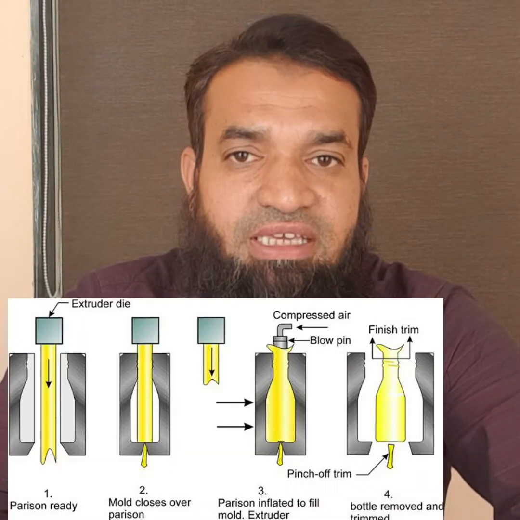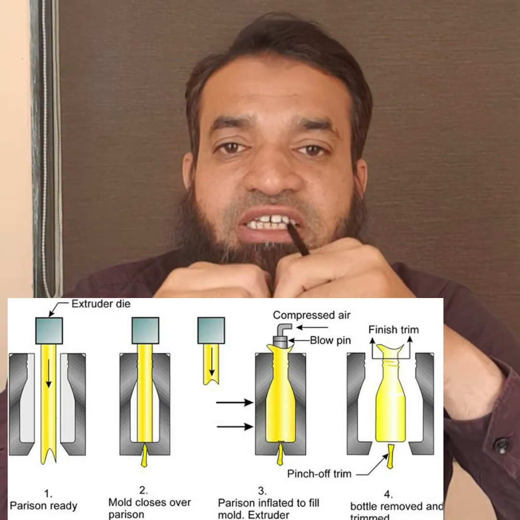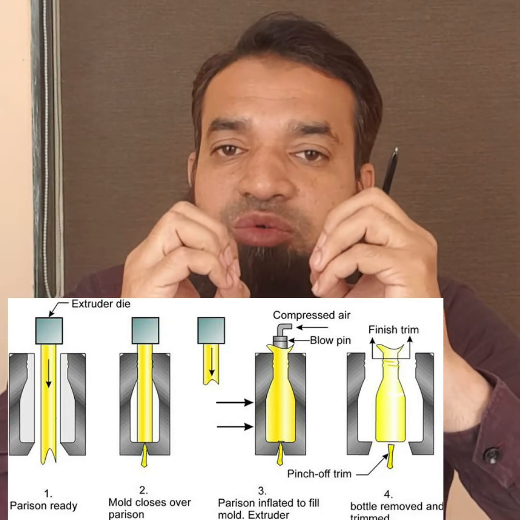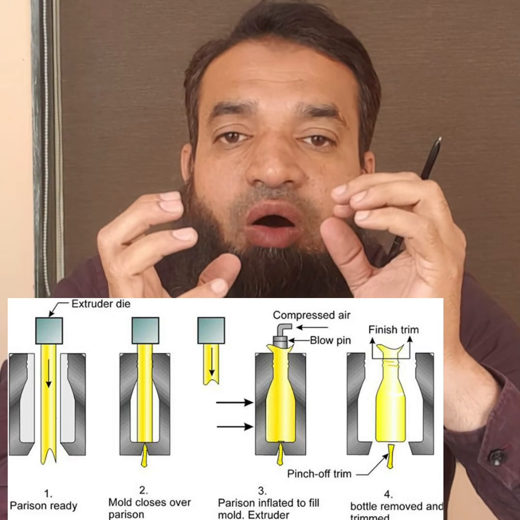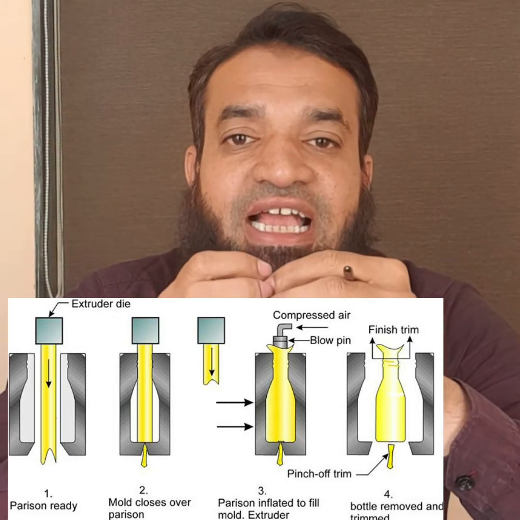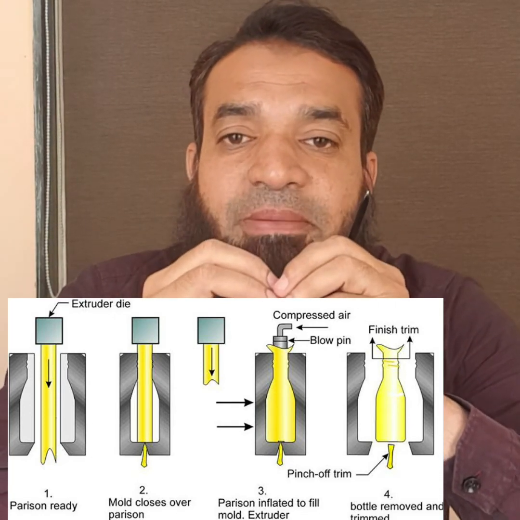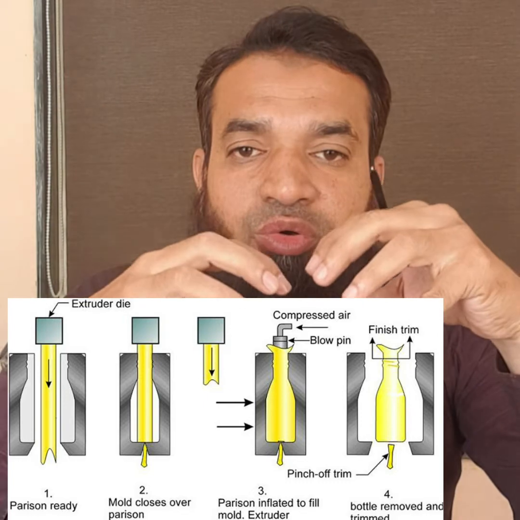Okay, blow molding. This type of processing is usually carried out to manufacture hollow shaped plastic goods, instead of injecting molten plastic. The process uses compressed air to blow the material into the mold. So these are the different processes.